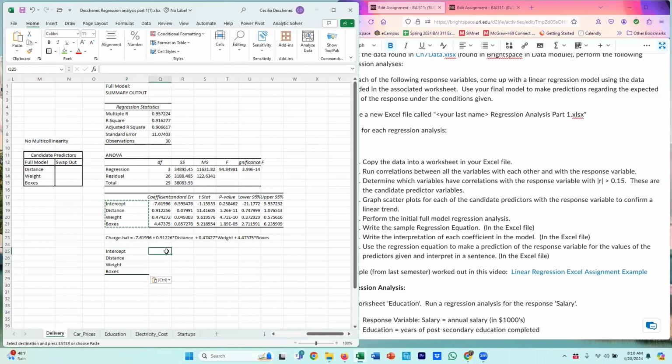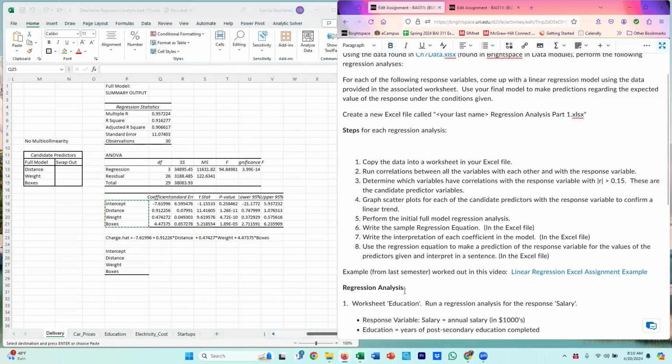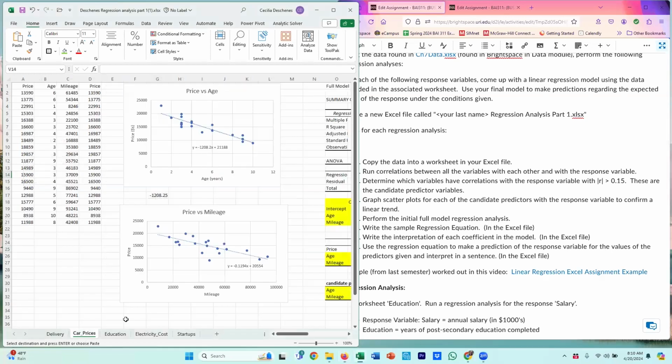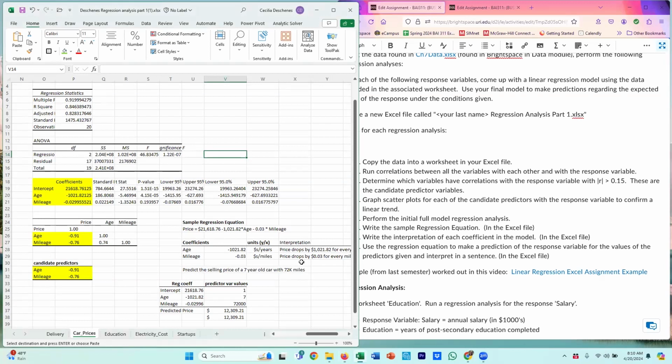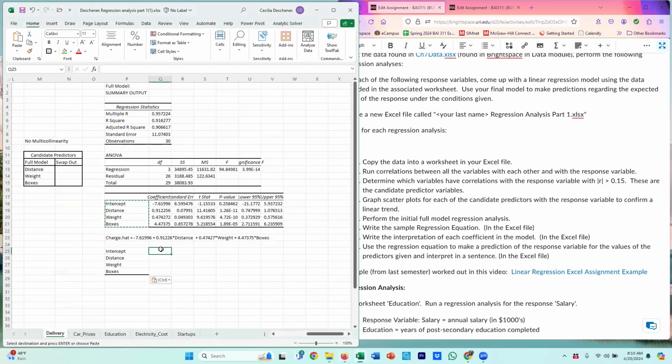I believe the example I was giving you guys, I think I put the units in here too to remind myself. So I have the coefficients, the units, and the interpretation. Okay, so let's do that. I'm going to actually move this down just one.